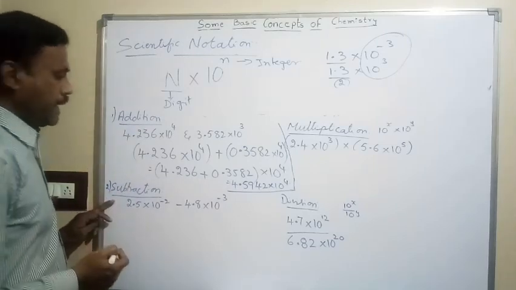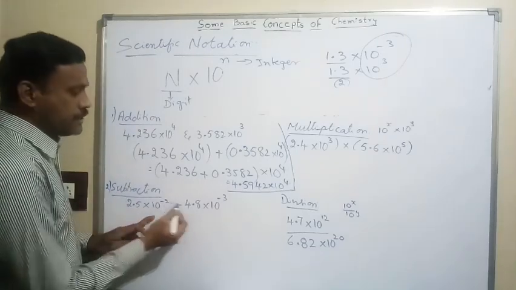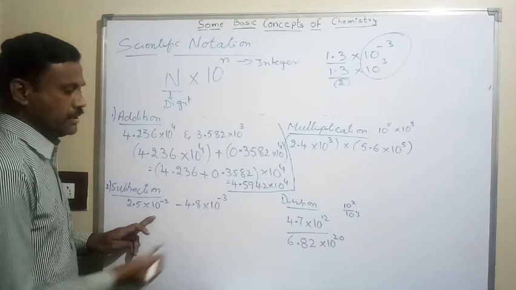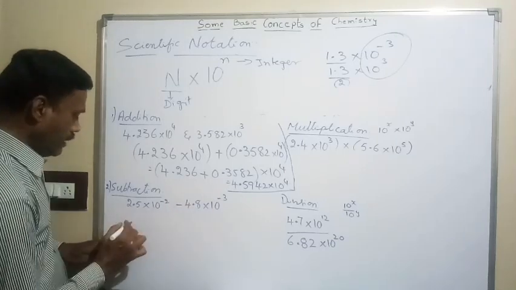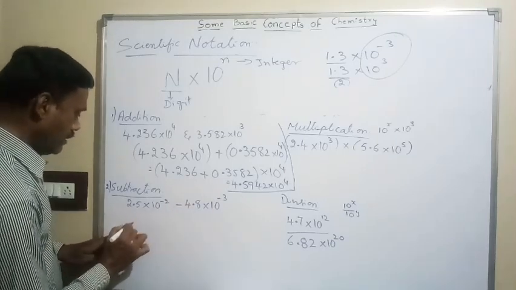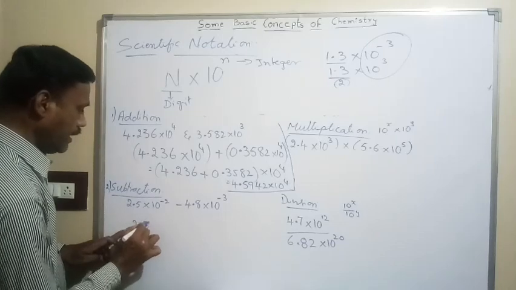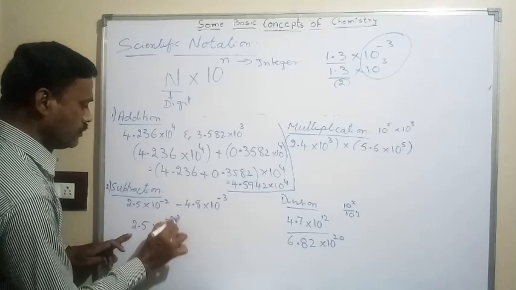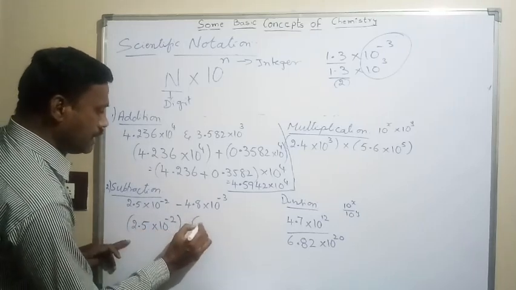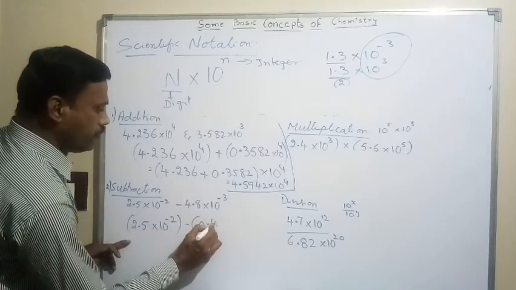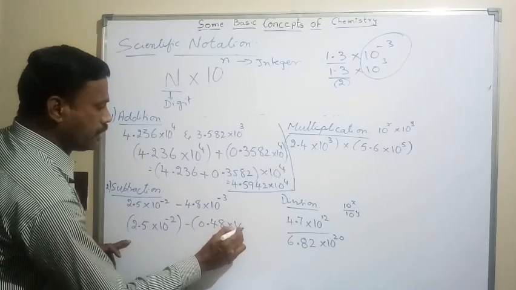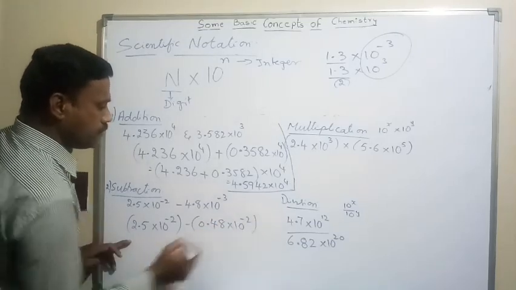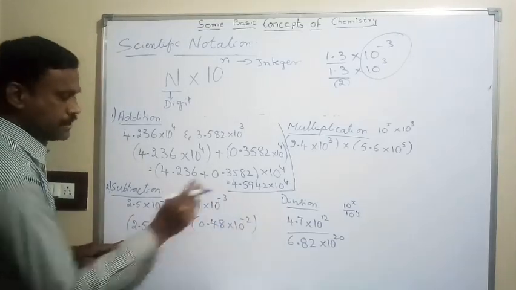In case of subtraction, 10 to the power of minus 2, 10 to the power of minus 3. Exponents are not the same. So let us change it. 2.5 into 10 to the power of minus 2 minus 0.48 into 10 to the power of minus 2. Small n is minus 3.